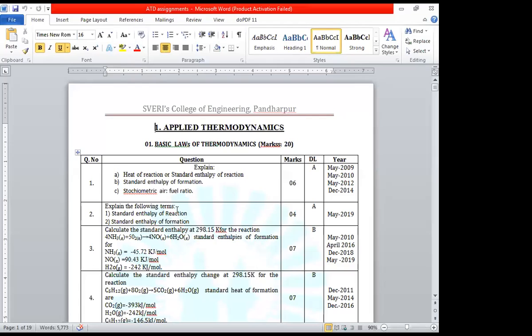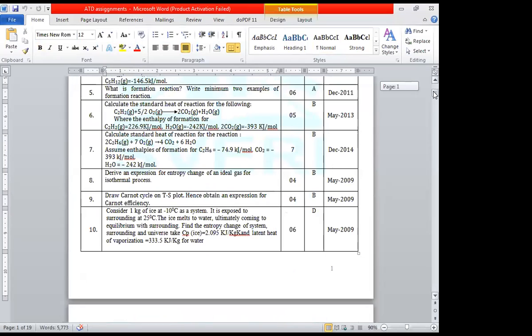Is the assignment visible? You see the example, 7 March December 2014. Calculate the standard heat of reaction for the reaction 2C2H6. Sir, the screen is not visible.